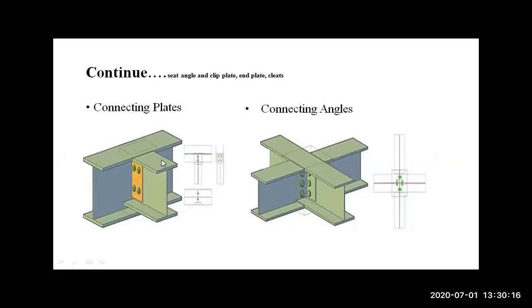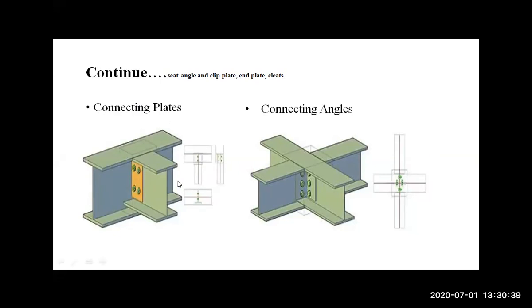So how they are connected, you can see here. This is the first structural element and this is the another structural element. These two structural elements are connected by the plates only. So here the plate is attached to the two elements and the holes are prepared, and through these holes bolted connection takes place. Are you getting?